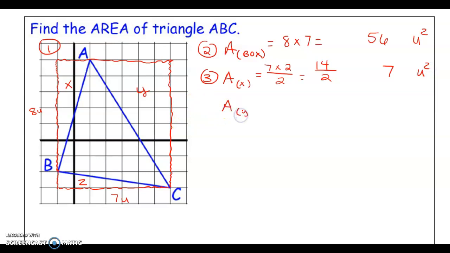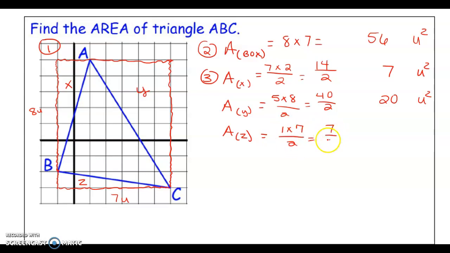Let's go for the area of Y. When I count the dimensions of Y, I have 5 times 8. This was all 8. 1, 2, 3, 4, 5. That's 40 divided by 2. So this one is 20 units squared. Then I also have the area of Z. And this one has the dimensions of 1 and 7. So I've got 3.5 units squared.